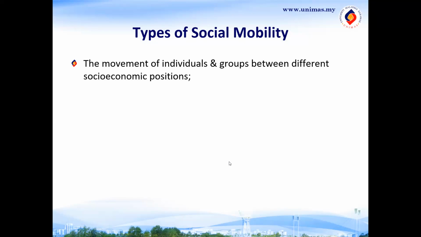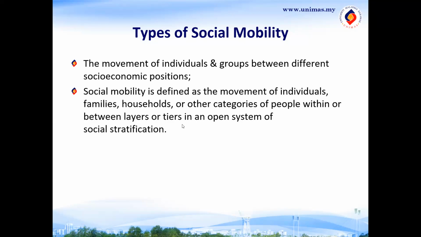Yeah. So when we talk about social mobility, we are referring to the movement of individuals or groups within the different socio-economic positions, right? Moving either down or up. So it is defined as the movement of individuals ataupun family, maupun household, or even other categories of people within or between layers, between the different levels or tiers, in an open system of social stratification.